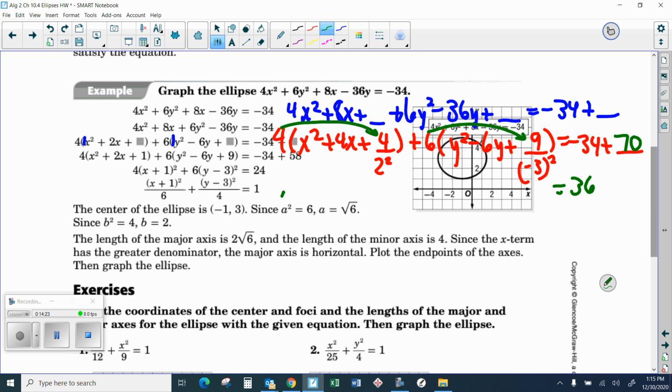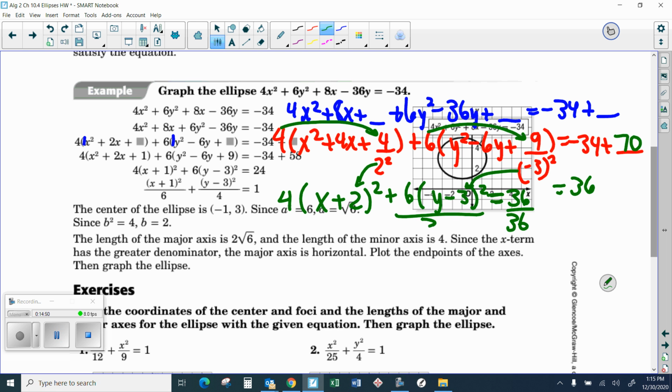Okay, now I have 4 times the quantity x plus 2 squared, or you just drop that down there, plus 6 times the quantity y minus 3 squared, just drop that down there, equals 36. Okay, now, what do I need to remember? On the right side of my ellipse, it has to equal 1. So I have to divide every term by 36.